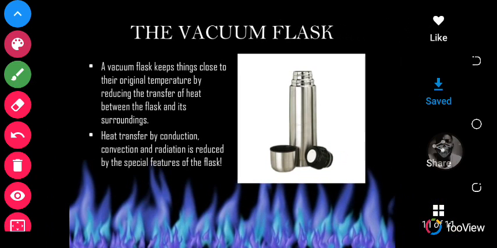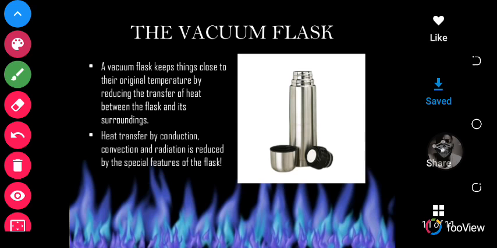So let's look at an example of a material that uses conduction, radiation, and convection. A vacuum flask keeps things close to their original temperature by reducing the transfer of heat between the flask and its surroundings. Heat transfer by conduction, convection, and radiation is reduced by the special feature of this flask.